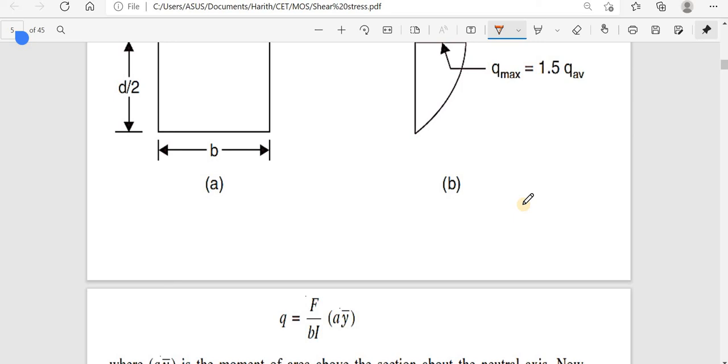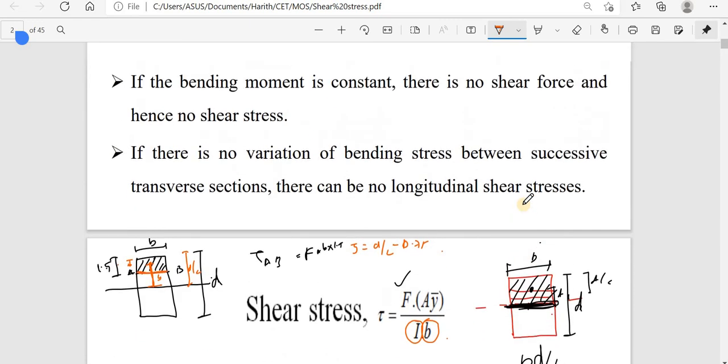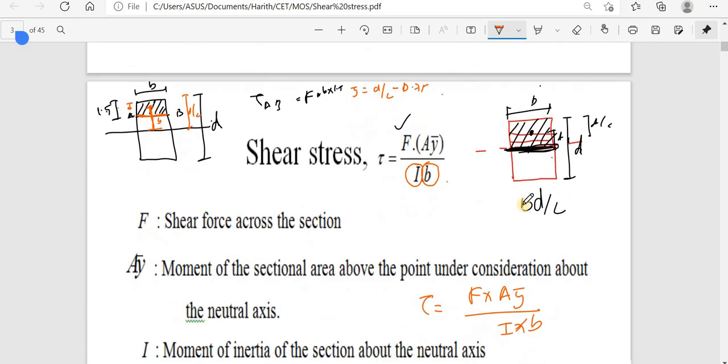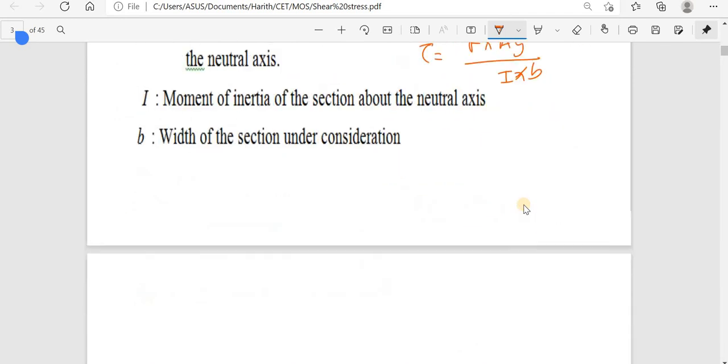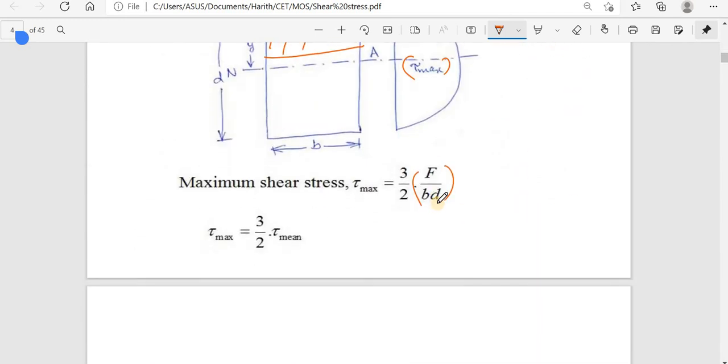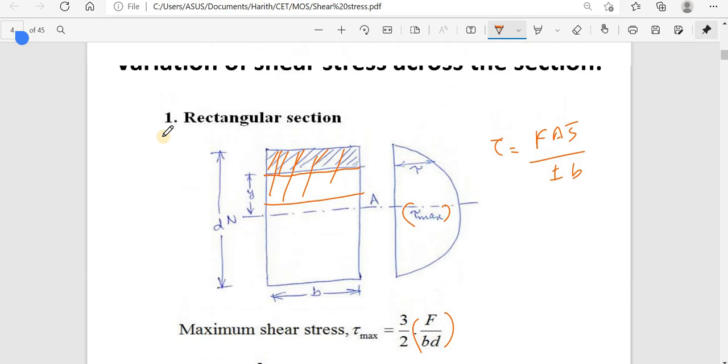Next we studied shear stress. I have given an introduction about shear stress, its variation and this equation. Just understand this equation and read it before the next class. With this we can wind up today's class.